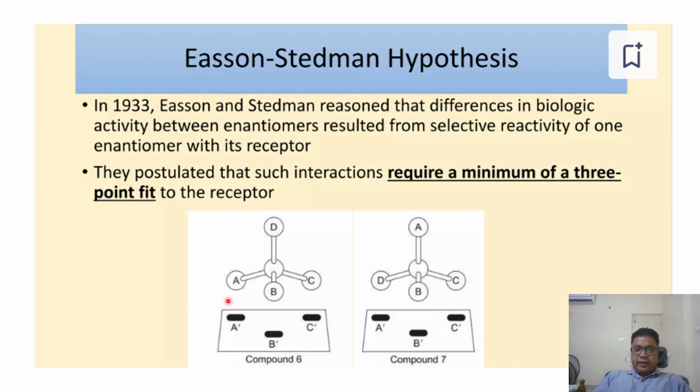You can see that the receptor may have a three-point fit like A prime, B prime, C prime, and with the drug's binding groups A, B, and C, only one enantiomer fits perfectly. But if you take the other enantiomer, you can see that A prime and D are a mismatch. So it is not fitting perfectly, and it will not show the expected outcome of the drug molecule, or it may show a side effect.